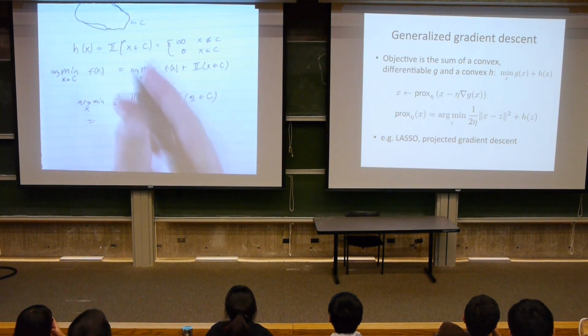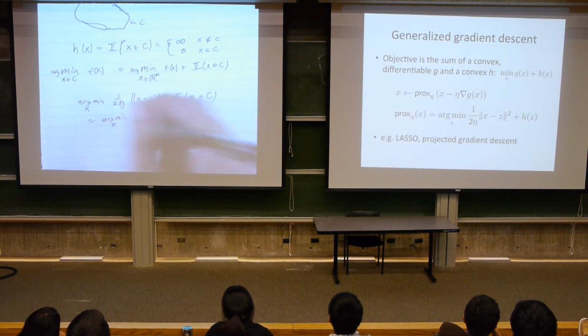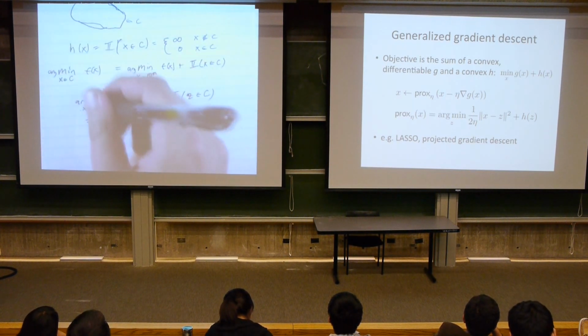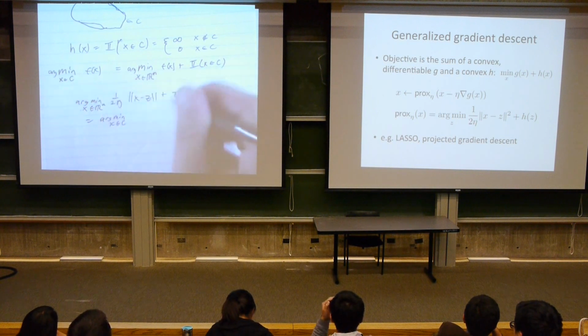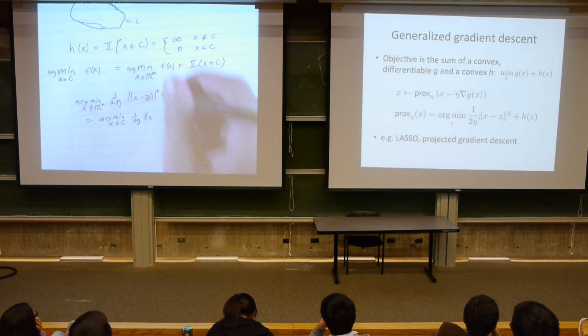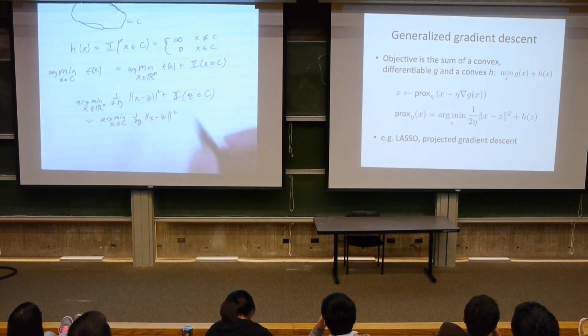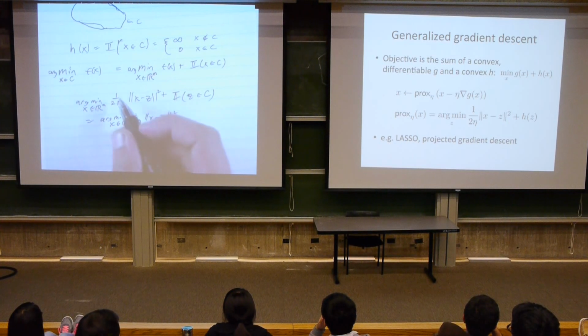Which, using the exact same argument we just did, is the same thing as the closest point in C to this function x.